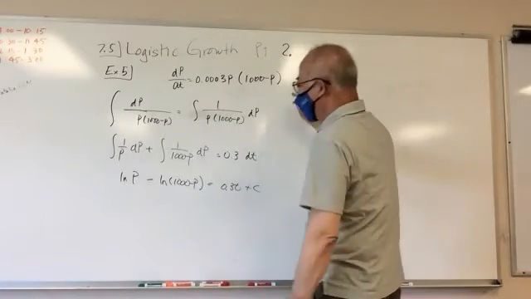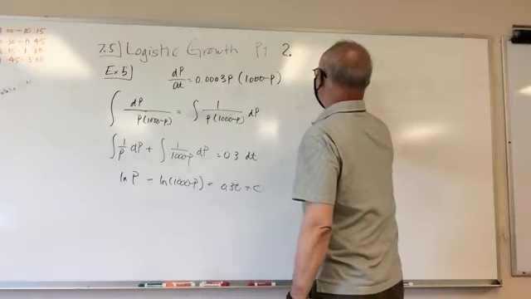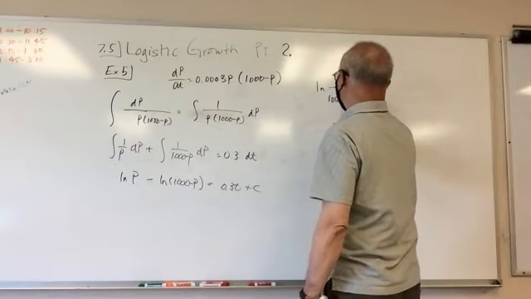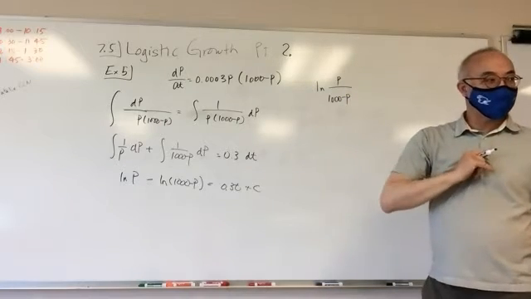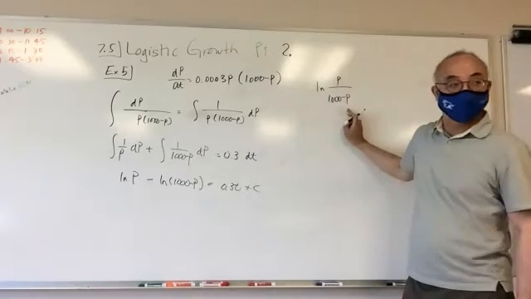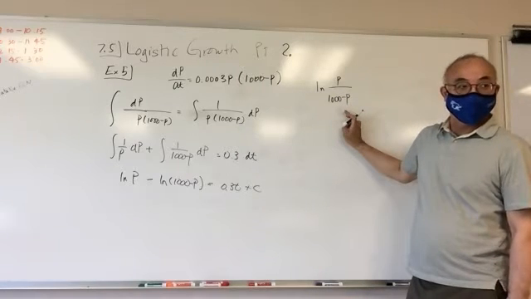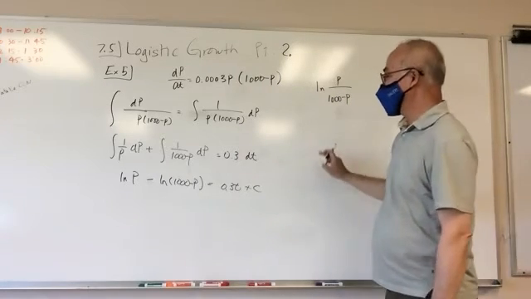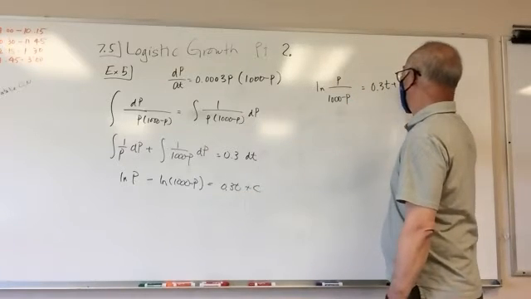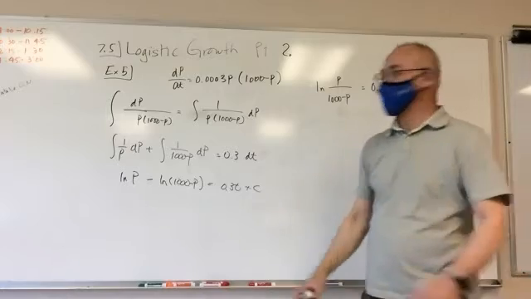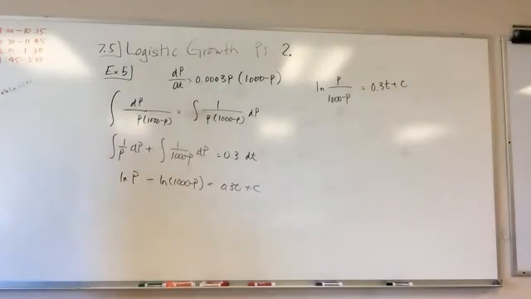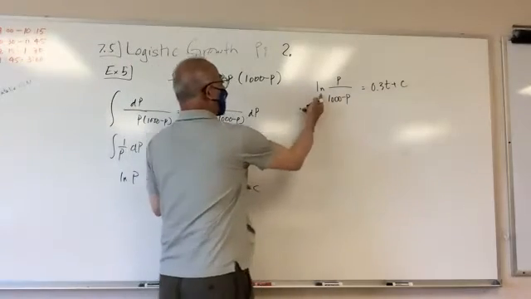So, natural log of P minus natural log of (1,000 minus P) is equal to 0.3t plus c. I'm trying to solve for P in terms of t, correct? So I think I get rid of the natural log now.